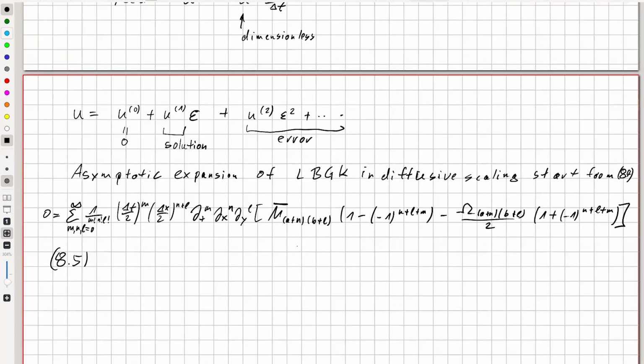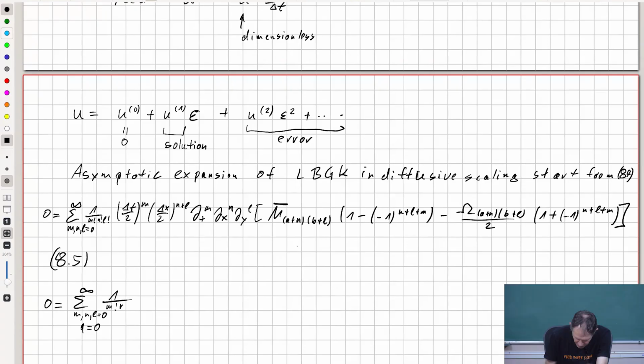So we start from 0 equal to the sum over m, n, and L equals 0. And now we also have to enter the expansion of the moments, and we call this Q. Q is equal to 0, and all of them go to infinity. m factorial, n factorial, L factorial.